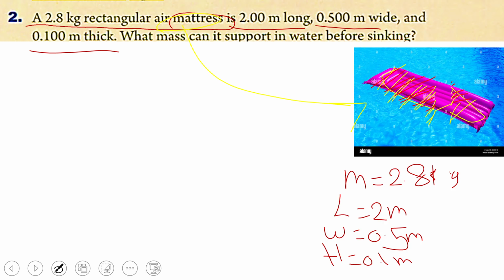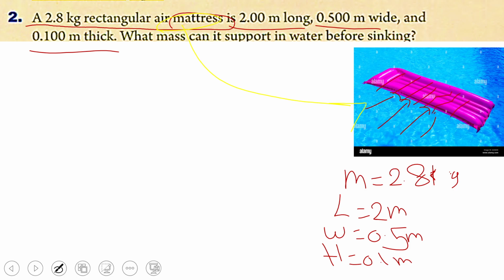When the air mattress goes or moves under the water, of course, some water goes inside the air mattress, so the mass of the air mattress increases and becomes heavy.